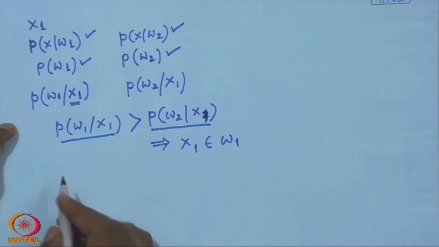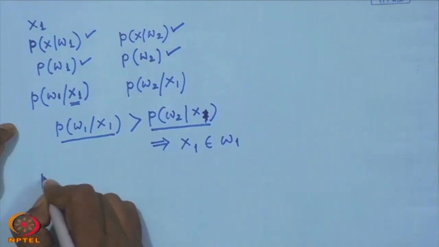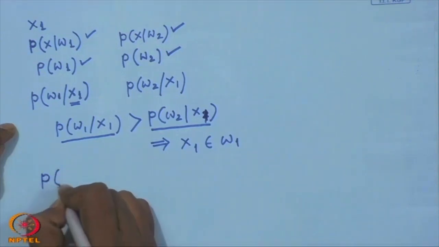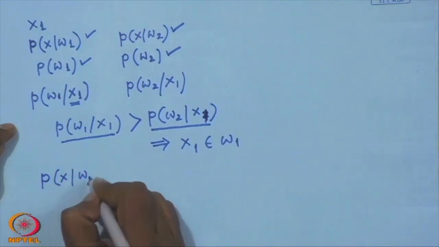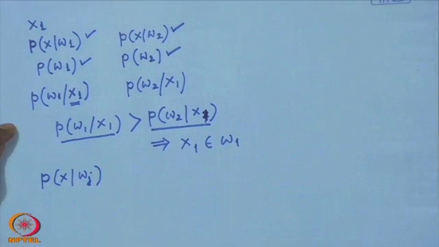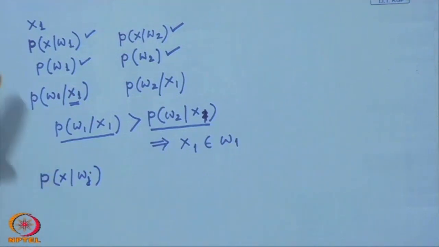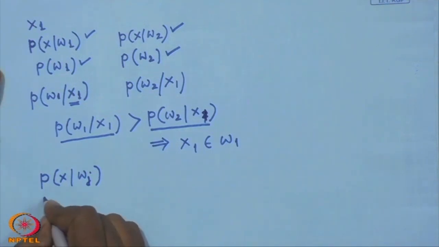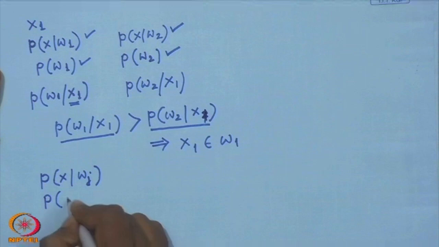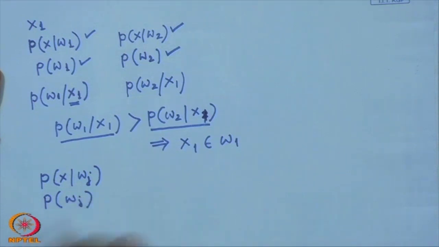Or in general, I know the class conditional probability density function p of x given omega j, for the samples belonging to class omega j, and I also know the a priori probability of class omega j, that is p of omega j.